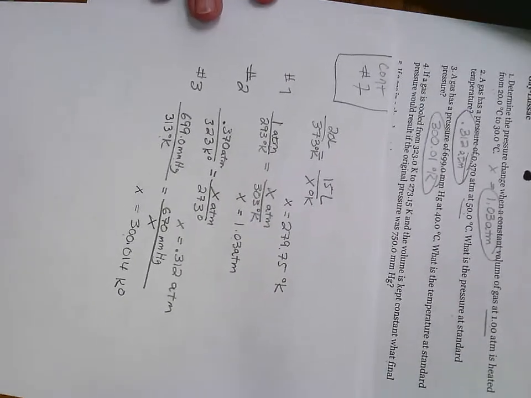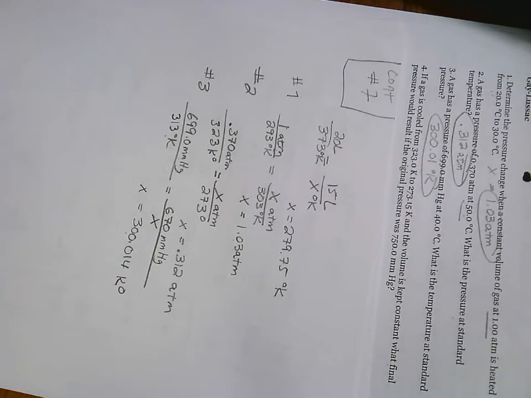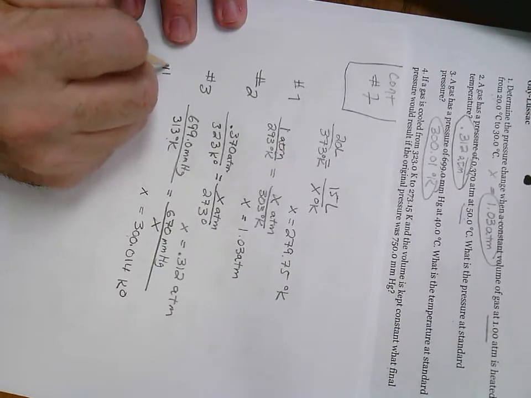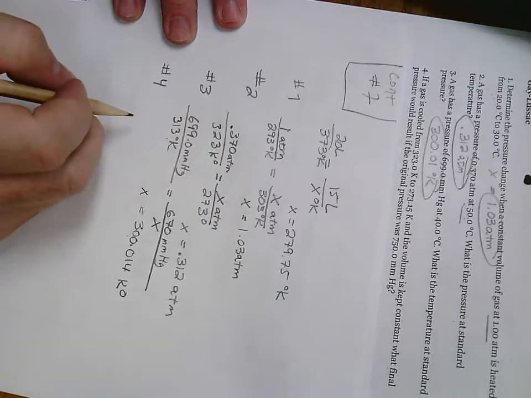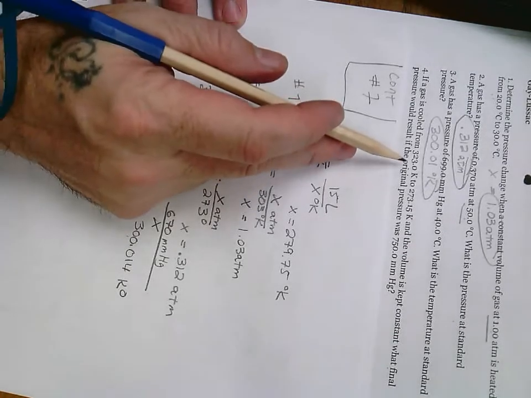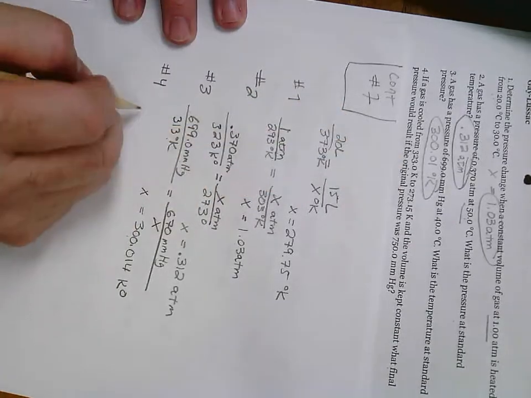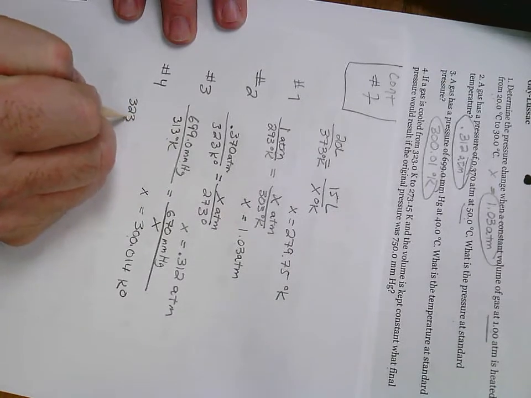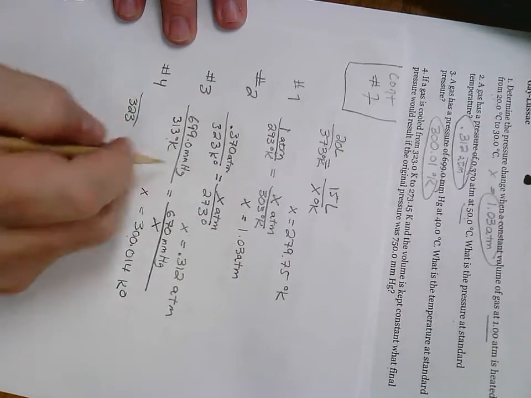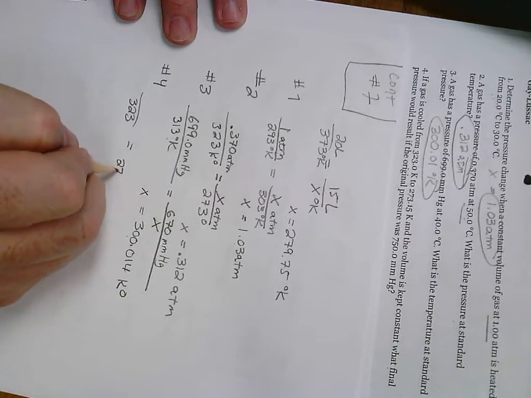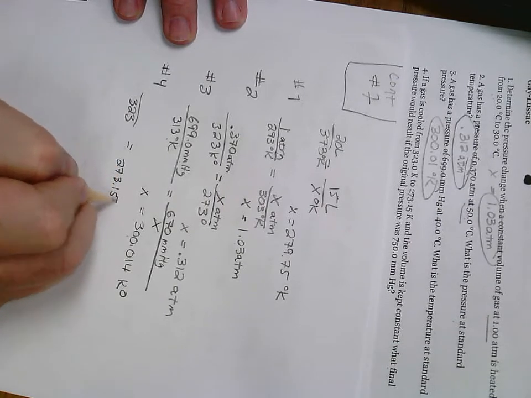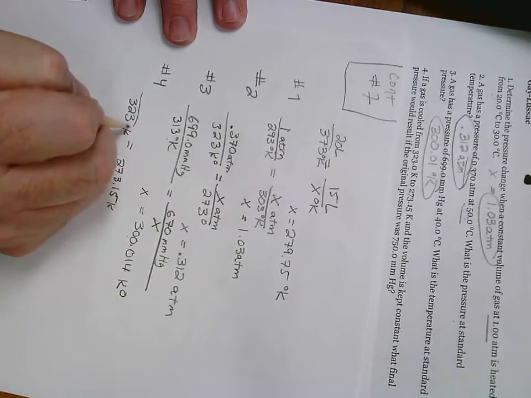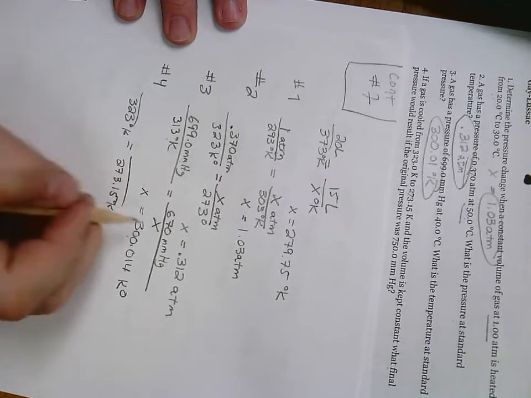Answer number 4. Okay, number 4. If a gas is cooled from 323 to 273, ooh, I like that. They've given me my T1 and my T2 without any muss, fuss, or work. Kelvin, that's in degrees Kelvin.